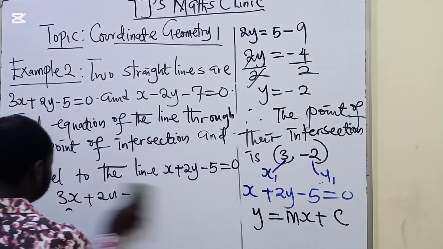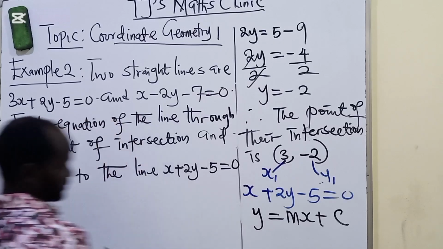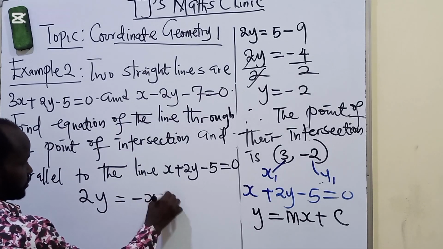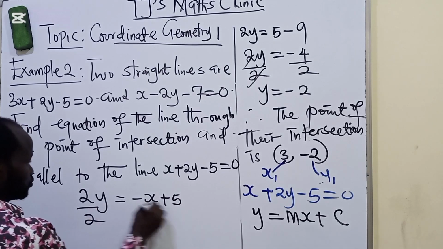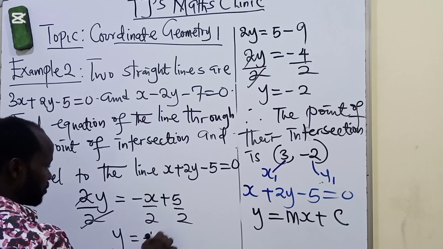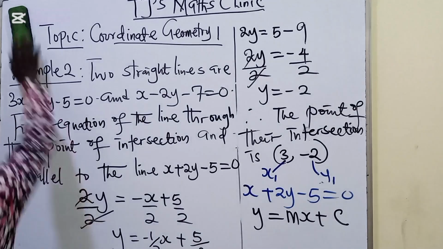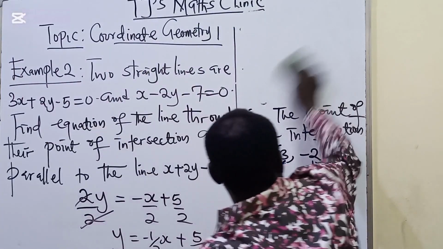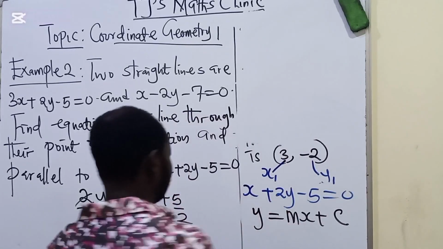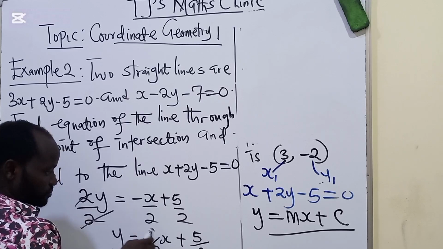Let's make y the subject of the relation here. We'll have 2y equals minus x plus 5. Let's divide both sides by 2, so that y equals minus half of x plus 5 divided by 2. Clearly here, we can see that the slope m is minus half by comparing.